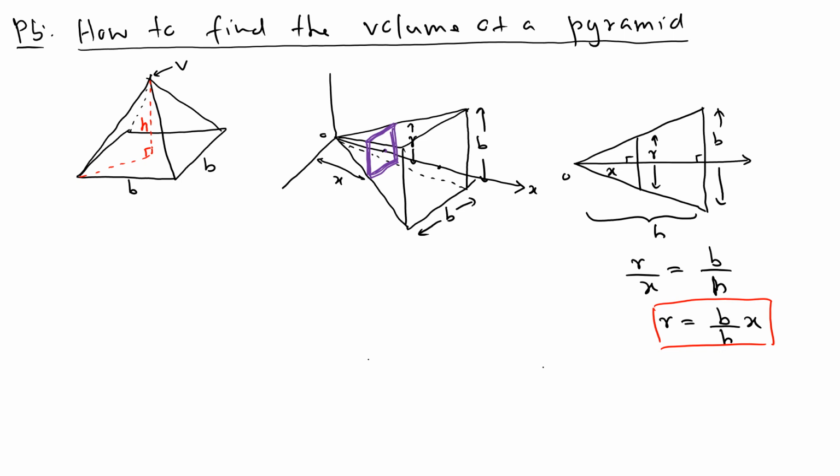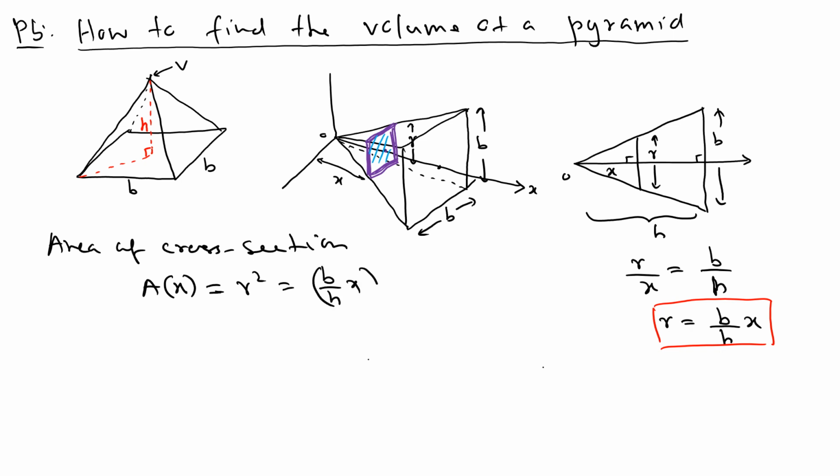This is a square. So the area of the cross section, which is a square, A of x, is r squared. We take r as the length, so r is b over h x, squared. In other words, b squared over h squared x squared.